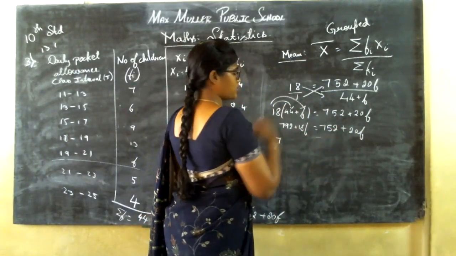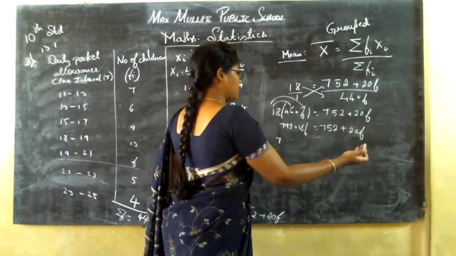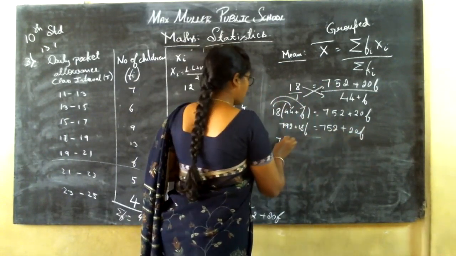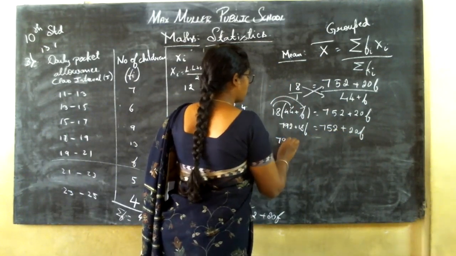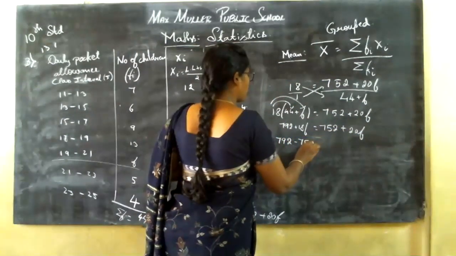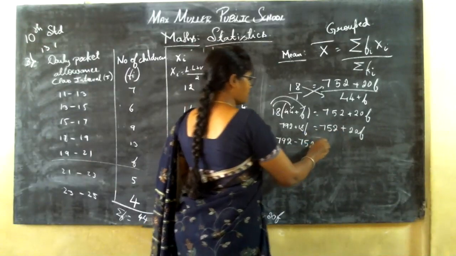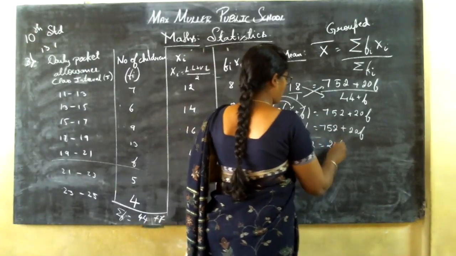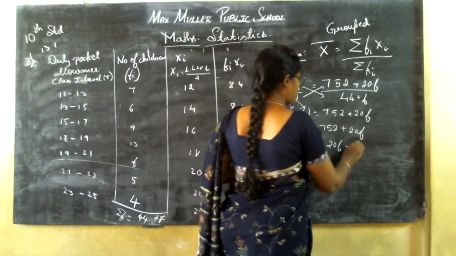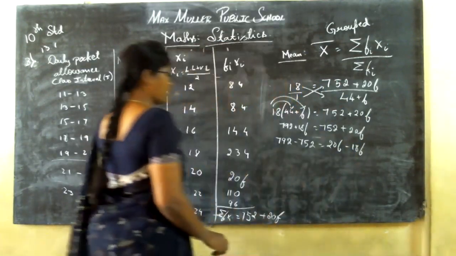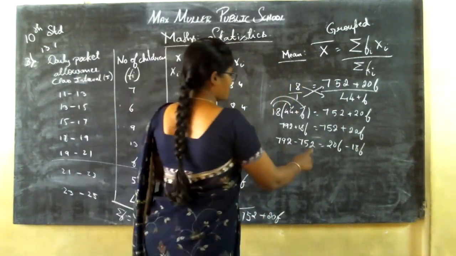Let me take the constants to the one side and the unknown to the another side. So what are the constants? 792 minus 752. When the plus comes to the another side, it is minus, and 20f, and when 18f goes to the right hand side, it is minus 18f. Correct? Now 2 minus 2 is 0.